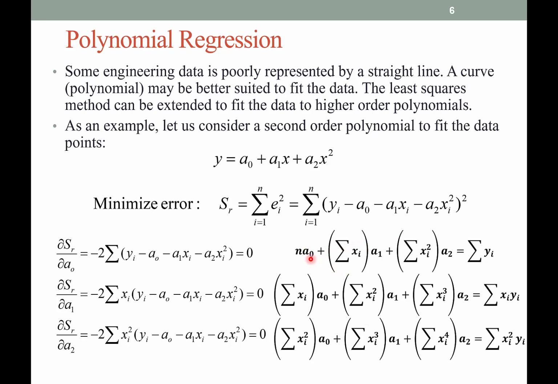In this case, the unknowns are A0, A1, and A2. This would be our vector of unknown variables, and the right side would be the B values. All of these that we see here, such as n, the sum of xi, the sum of xi squared, and so on, are the coefficients that we put in the coefficient matrix.